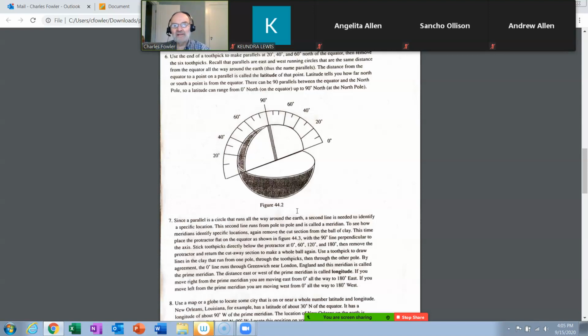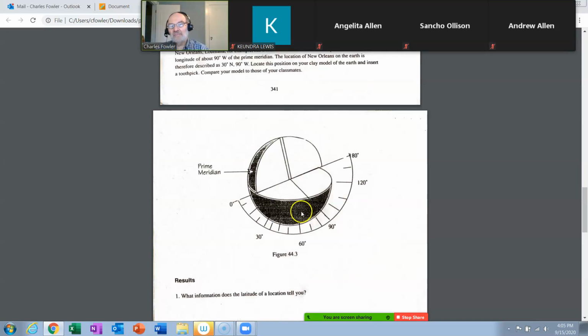Okay? Now, placing that same protractor on the flat part here, this is the prime meridian here. Place it right there and measure how many degrees this would be east of the prime meridian. You'd be going through Africa down here, Asia up here, Europe up here, moving into Asia, more of Africa, then the Indian Ocean here, and more of Asia here, until you got around to the Pacific Ocean at 180 degrees.